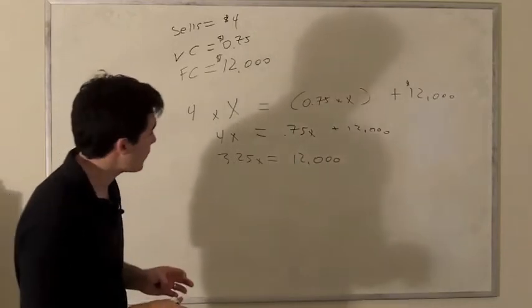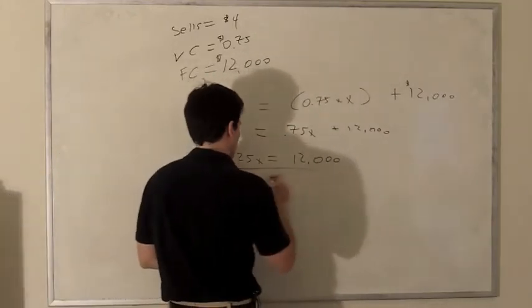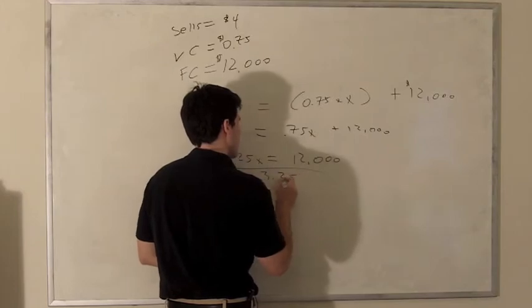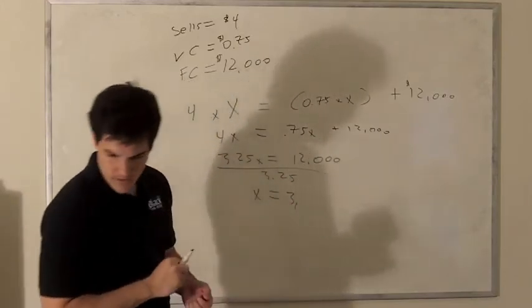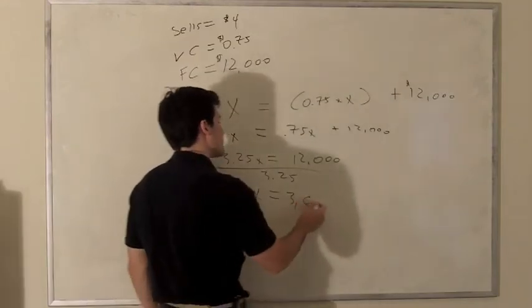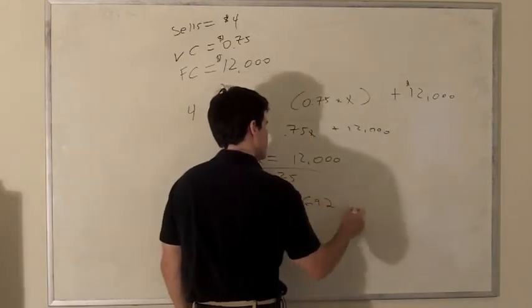You're going to divide by 3.25, so X equals 3,692 units.